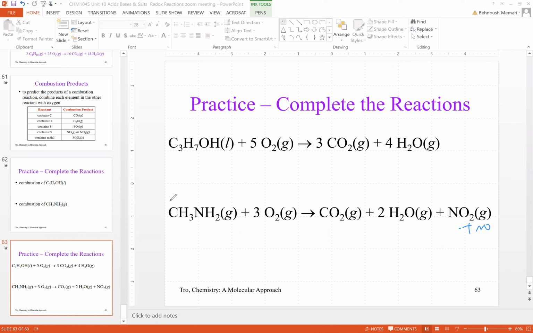Based on this, it is not correct. We have 2.5 here. It's going to change the number of oxygens as well. So we have 5, 2, and 2, 2, 6, 8. It's not going to work.